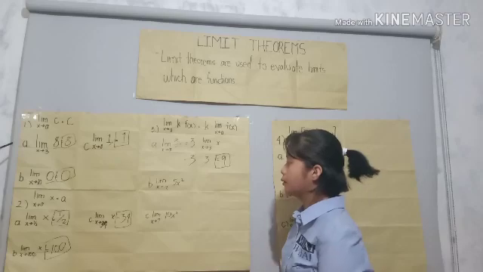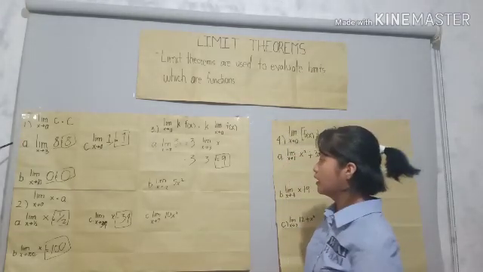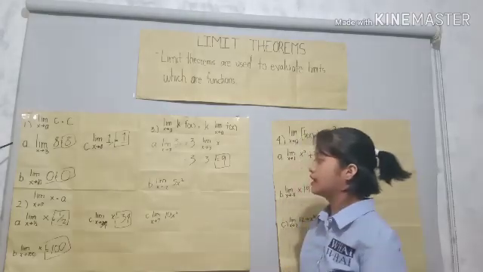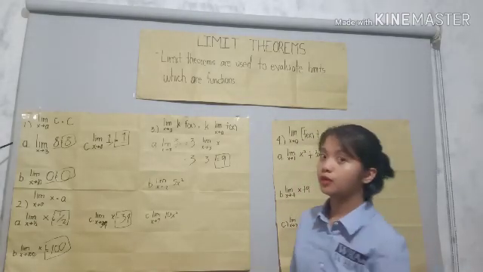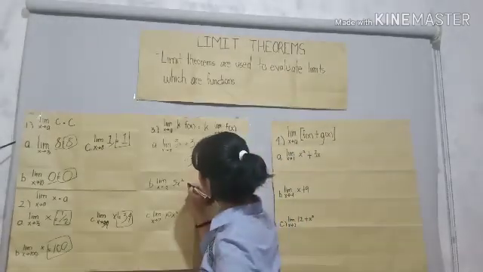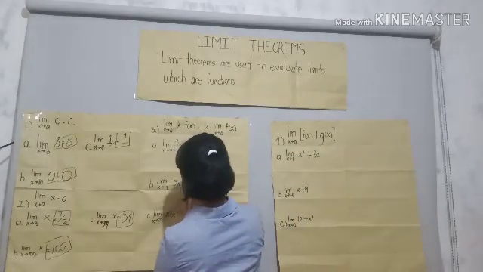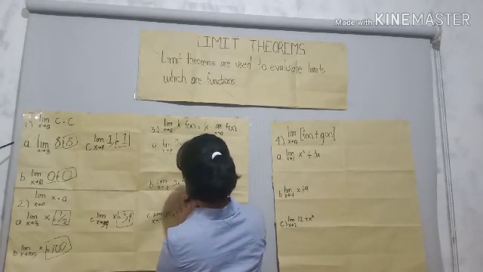In the second example, the limit of 5x squared as x approaches negative 2. Again, apply the first and second theorem. Identify what the constant is.